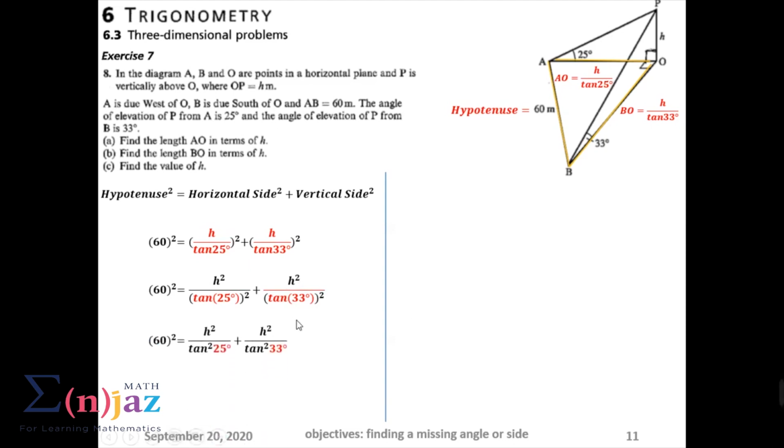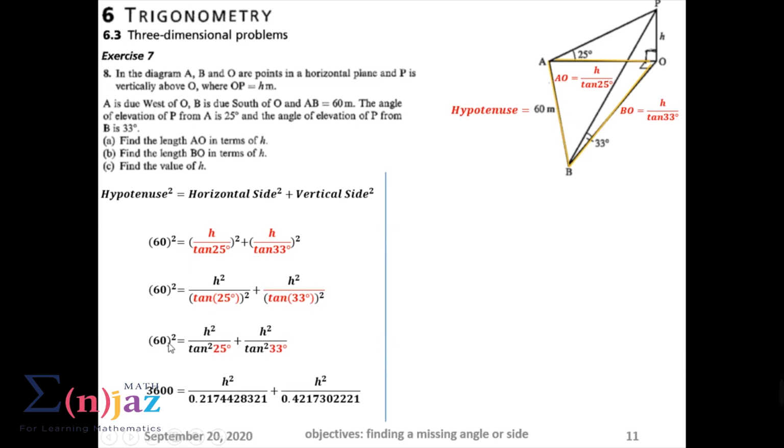And another way to write it, just so that you are familiar with how to write it: 60 to the power of 2 is equal to h squared over tan squared of 25 plus h squared over tan squared of 33.